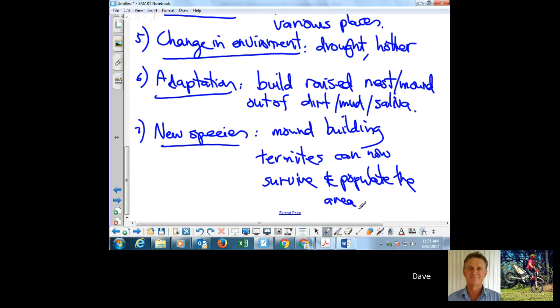And ones that can't build these mounds would have, in that particular area, either died out or moved away to where it's cooler and more moisture.